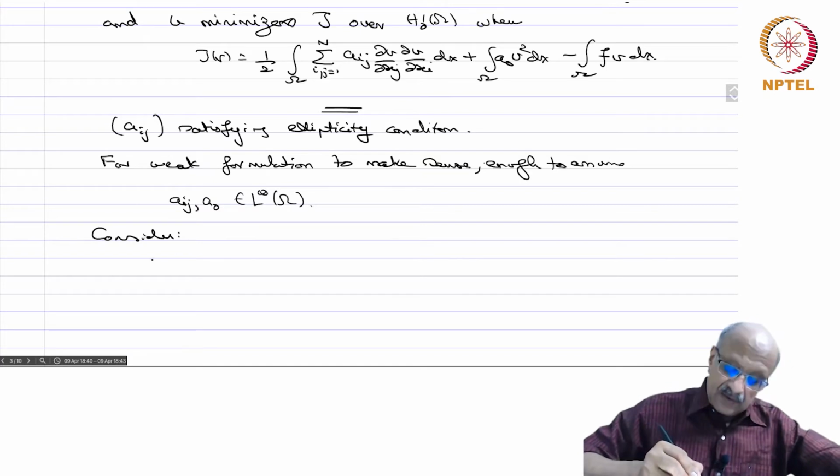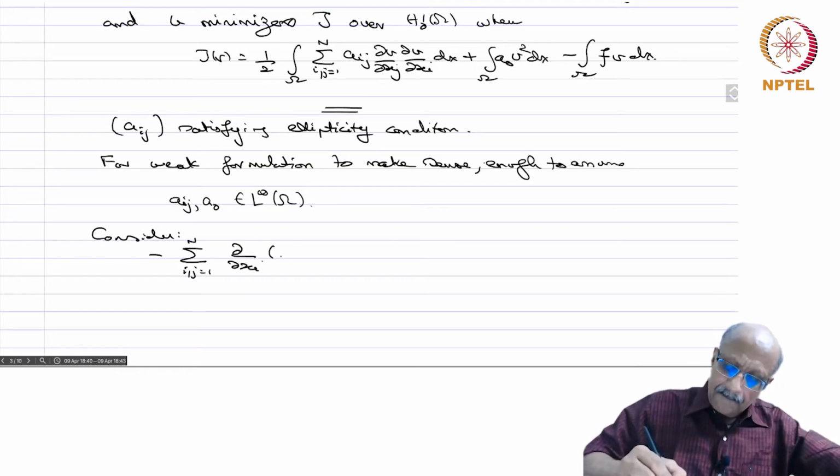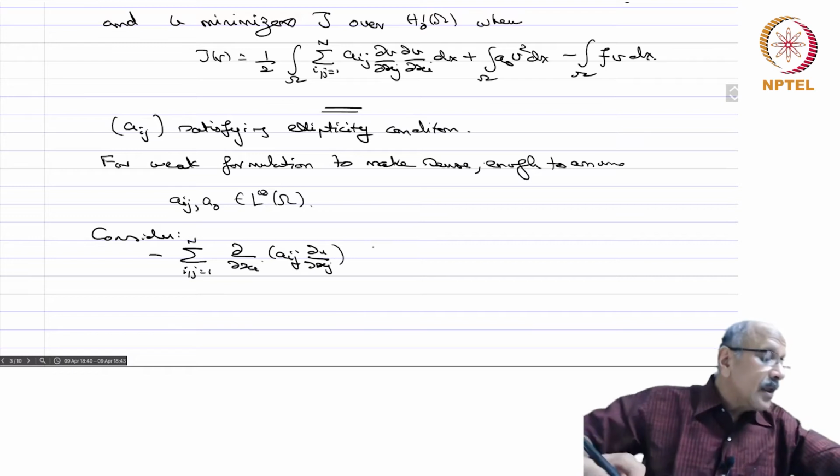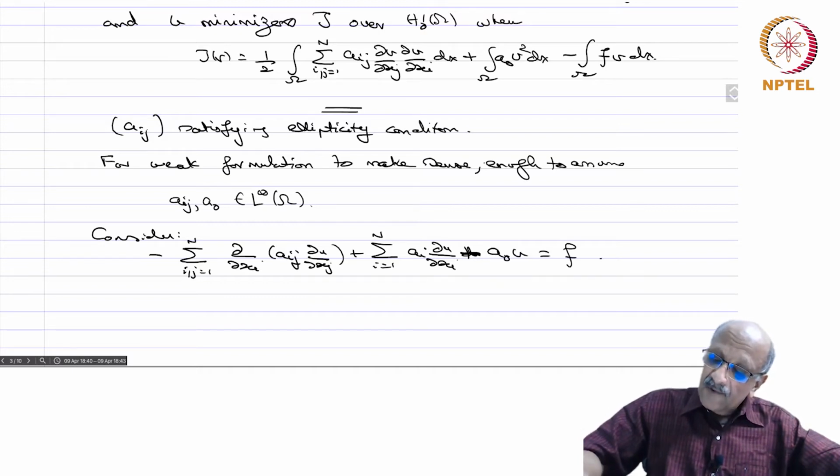minus sigma ij equals 1 to n d by dxi of aij du by dxj, plus sigma i equals 1 to n ai du by dxi, plus a naught u equal to f in omega and u equal to 0 on the boundary of omega.